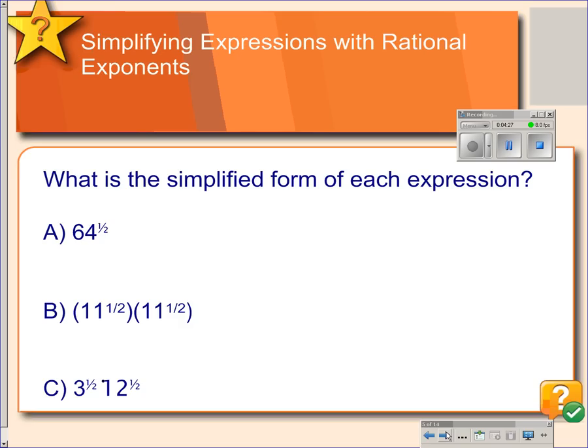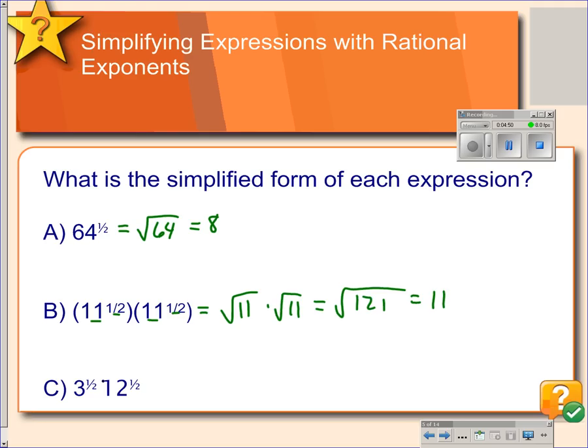64 to the 1/2 power is equivalent to the square root of 64. And we know the square root of 64 is 8. In example B, here we have matching bases again and matching exponents. So we could do the square root of 11 times the square root of 11, which is the square root of 121, which is 11.